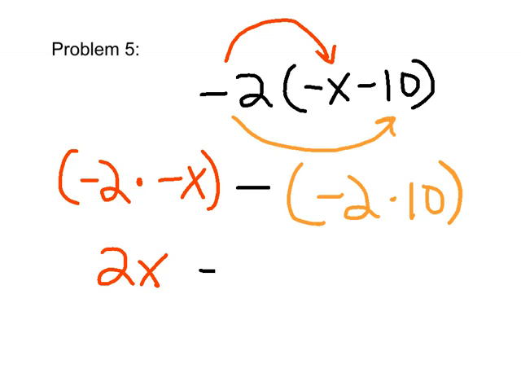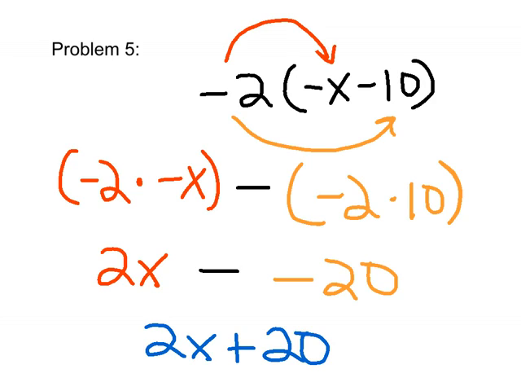My negative comes down that connects them. And then I have negative 2 times 10, which is a negative 20. I'm not quite done yet because I have two negatives touching. My 2x comes down. A negative next to a negative gives me a positive, and then my 20 comes down, and that's the answer.